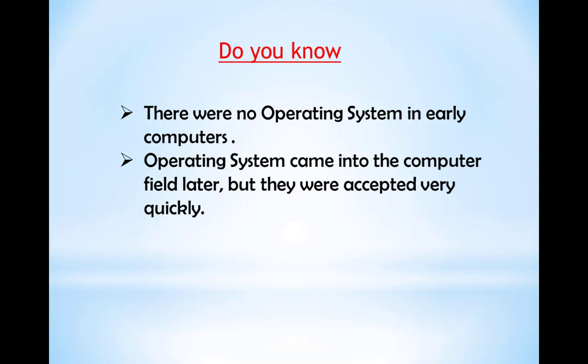If he has to go to another disk drive, he has to write the disk drive name, folder name, file name, etc. But due to the operating system, we can see the dynamic view, shortcut keys, easy click, everything is very good, so it is accepted very quickly.